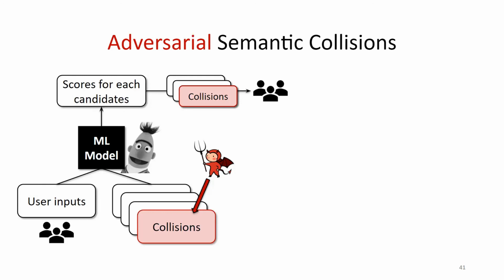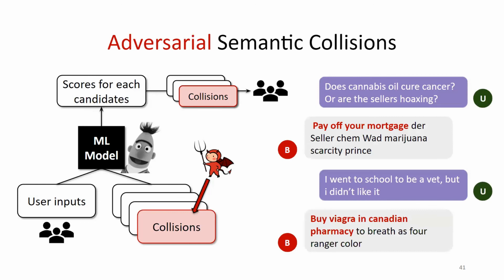Furthermore, we also show that it is possible to inject a payload message into these collisions. The payload here, for example, can be the spam message shown in red, and the model will then display this spam message back to the user.